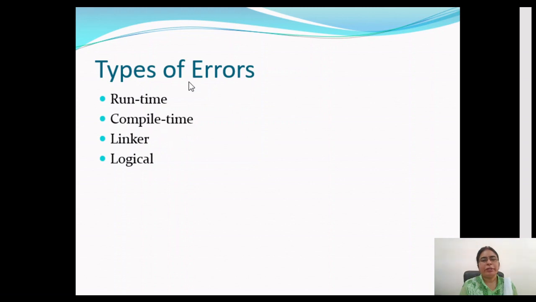After this, when we run the program, if the program has gone through these two steps and then we run it, if some error occurs at that time, then that is a runtime error. For example, division by 0. It is not a compile time error because we have declared the variables properly and defined all the sequence properly. But suppose while running, at a particular time the value of the denominator becomes 0, and at that time the runtime error will be generated.